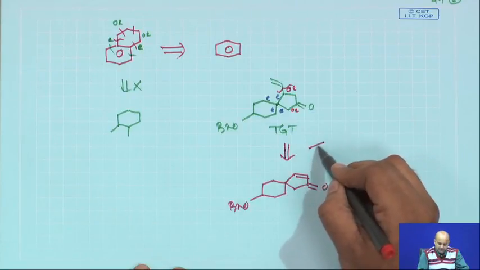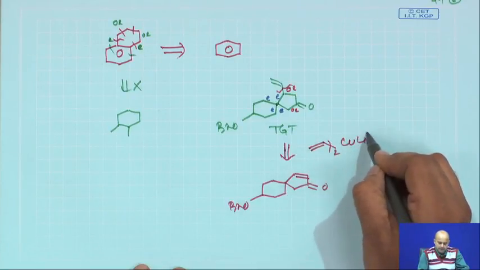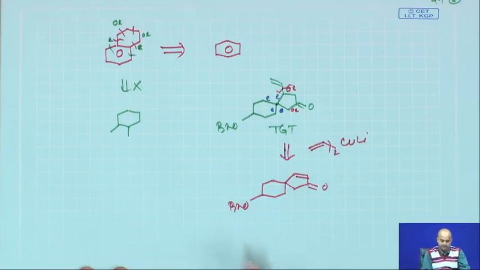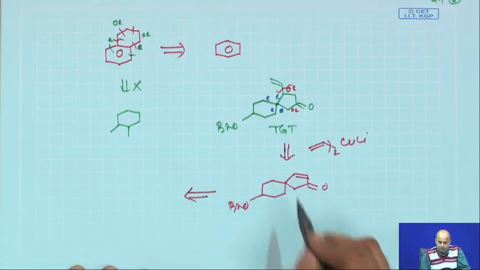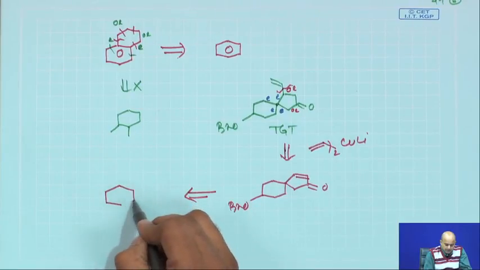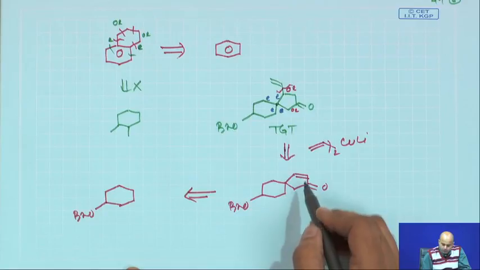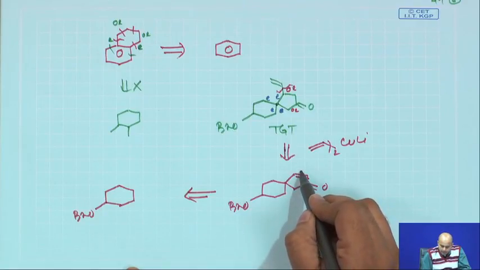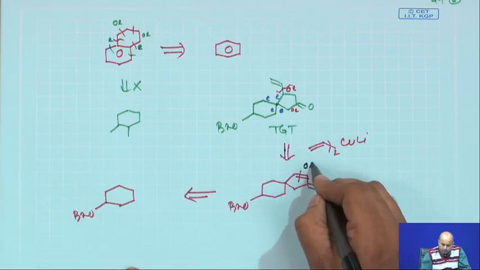This appendage can be constructed through a vinyl copper lithium based Gilman reagent. Okay. Now, what I am saying is that now you have an alpha beta unsaturated ketone. So, this probably can be easily made. Now, this bond is becoming an off-exo bond, this bond is your off-exo bond.